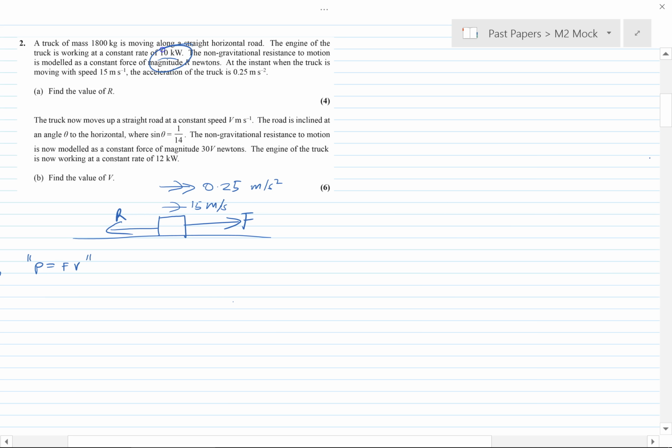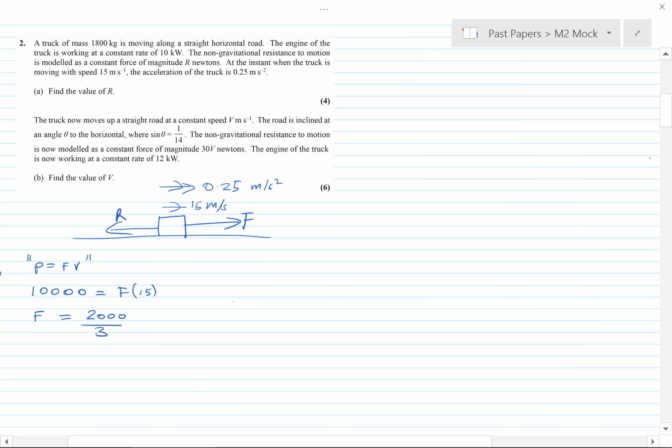We're given the power, which is 10 kilowatts, 10,000 watts, equal to force times velocity, so that's F times 15. So that gives me F equals, I divide that through by 5, I get 2,000 over 3.